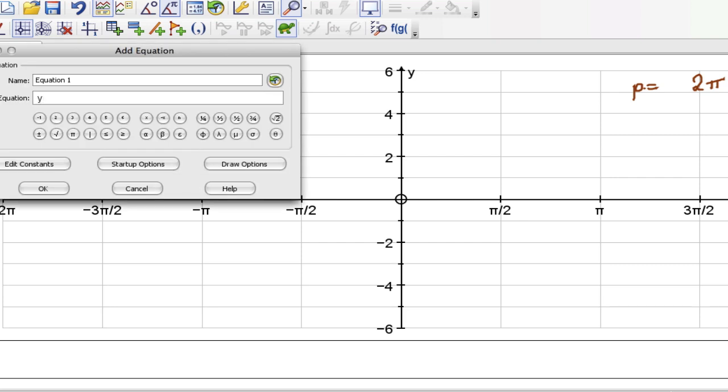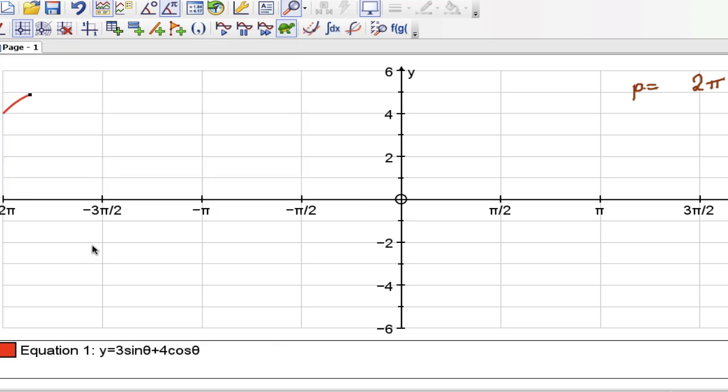The new graph I'm going to start over with is y is equal to, let's say, 3 sine theta plus 4 cos theta. And I'm going to draw that graph. Now just take a second to think to yourself what that looks like given what I've just talked about. But let's let Autograph plot it.